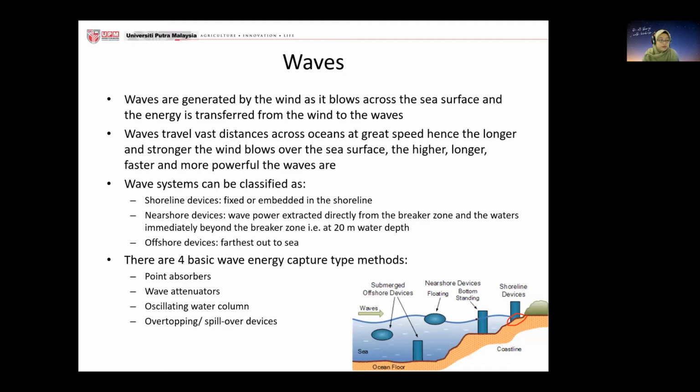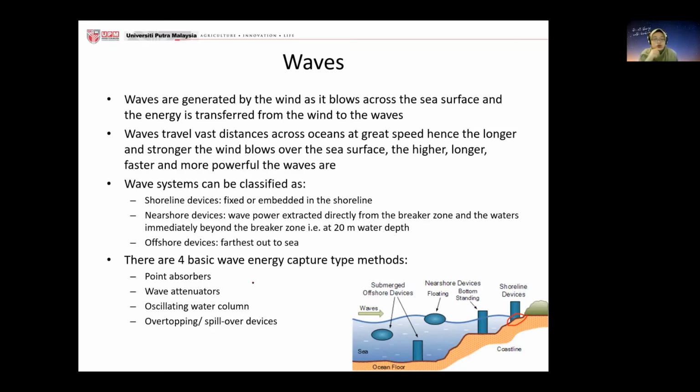There can be two types of situation where it's either bottom standing or floating. The wave power is extracted directly from the breaker zone, and the waters immediately beyond the breaker zone, which is at 20 meters water depth. And lastly, with offshore devices, of course, that is the farthest out to sea.